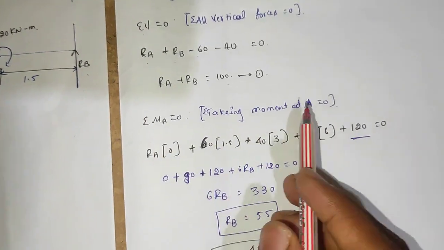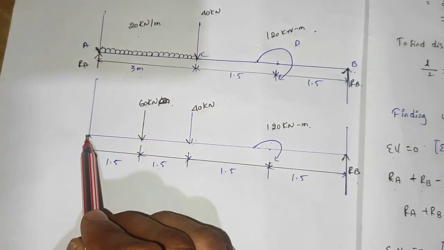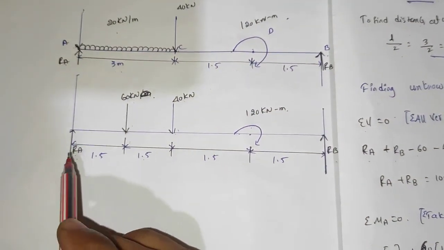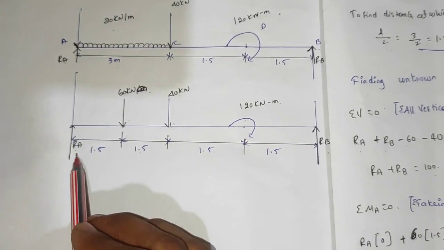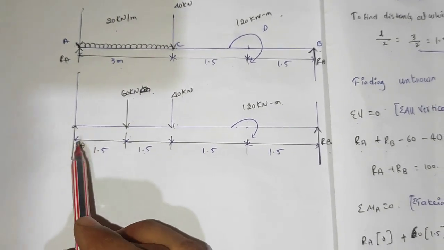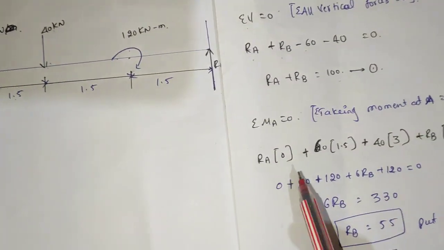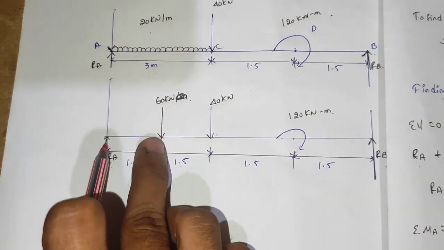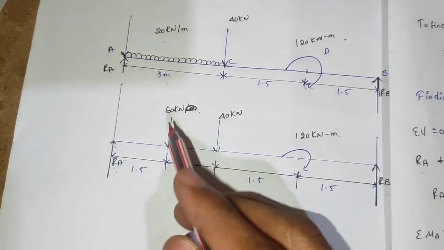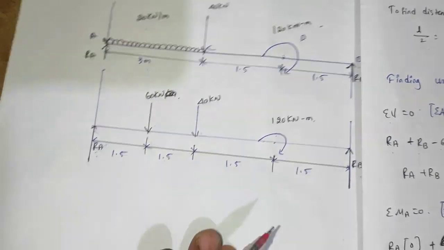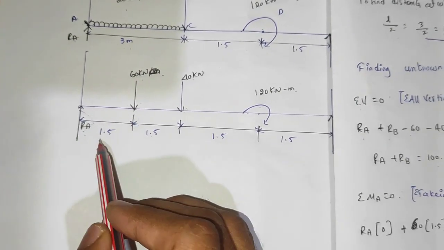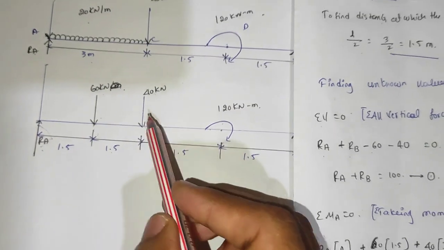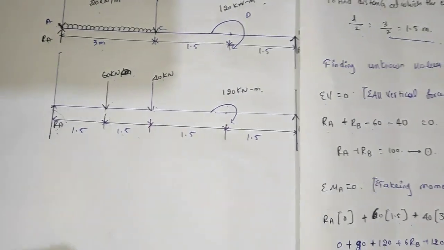Then taking moment at A, from here we take moment, then we get RA. Moment is force into perpendicular distance. At A the distance is 0, so RA into 0 we get 0. At 6, from here this is acting in a clockwise direction, so 60 into 1.5. Then 40 into 3, this is in the positive direction.